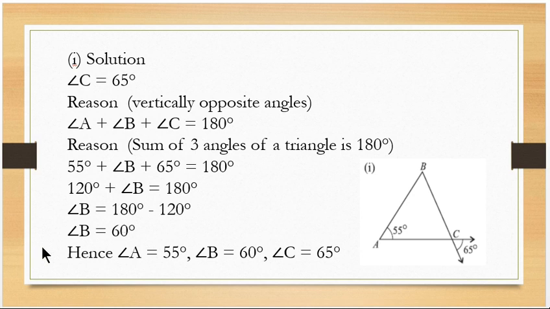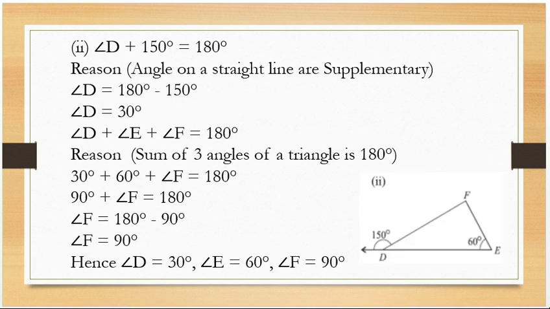In the same way, we are going to find the solution for the second question. So this is the second question, in which we are given only angle E, that is 60 degrees, and we have to find out the other two angles of the triangle. So you are watching that the exterior angle at point D is given to you, that is 150.